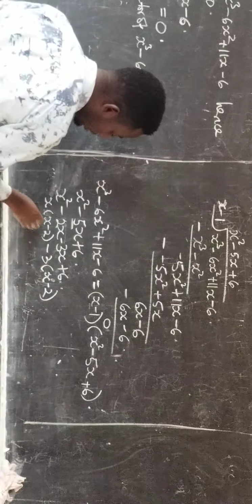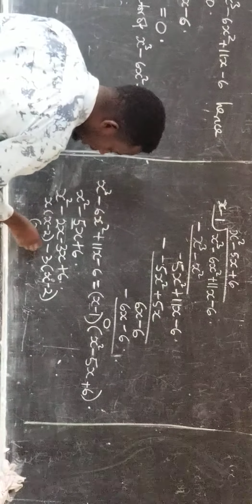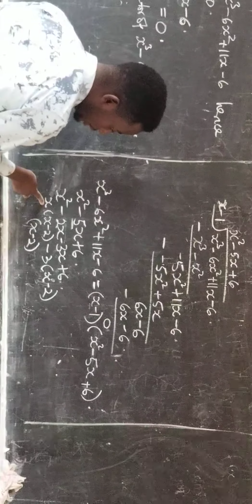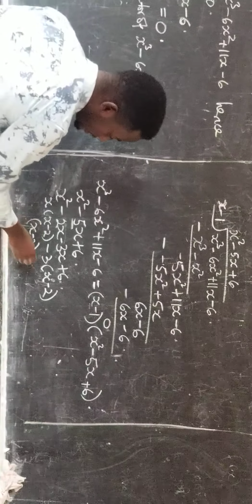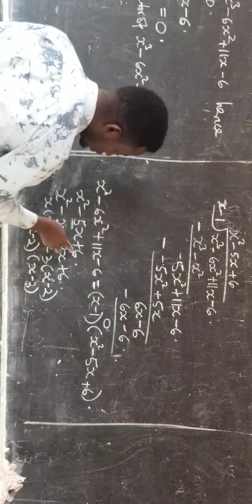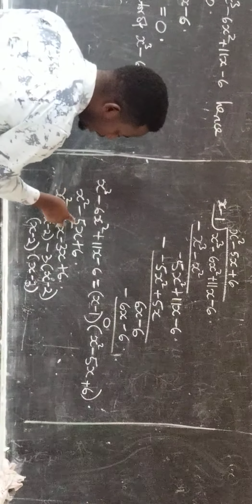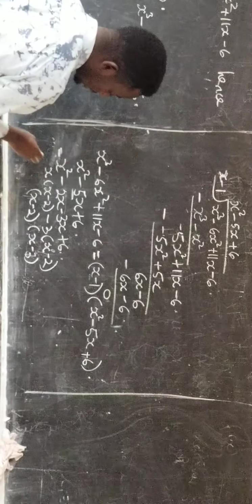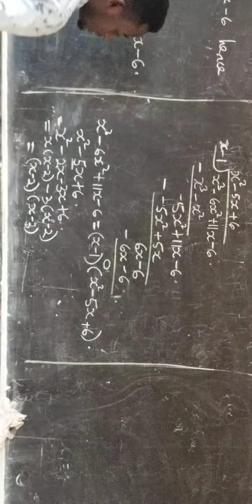So this one is common, I put out, then this one and that will remain minus 3. So x squared minus 5x plus 6 is equal to this, which is equal to that.